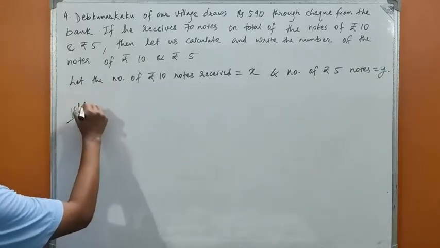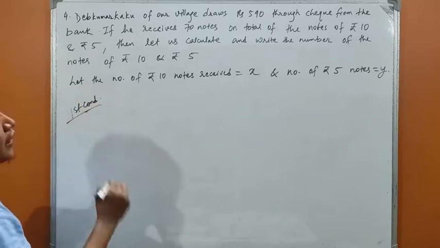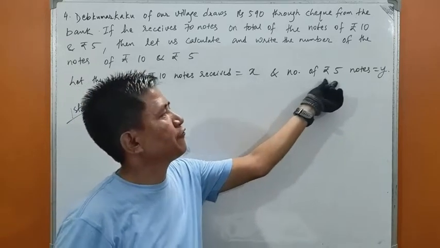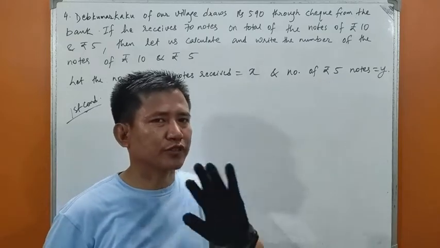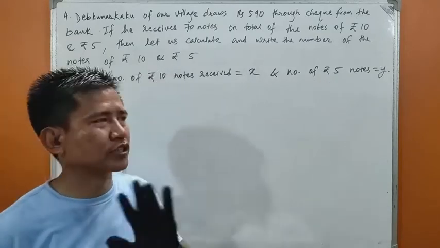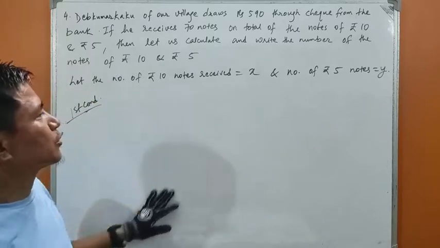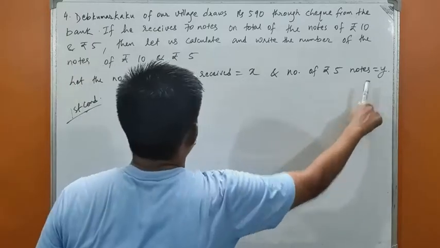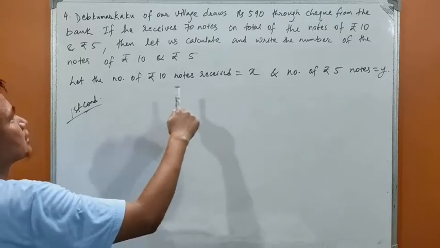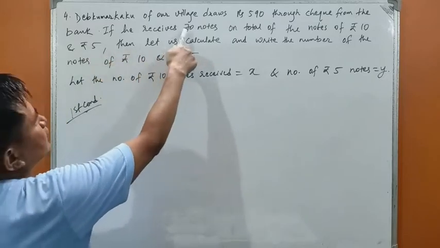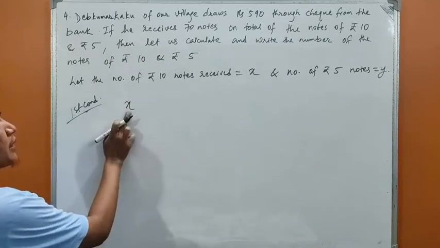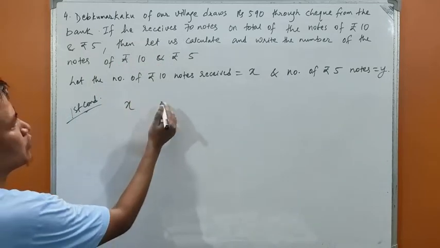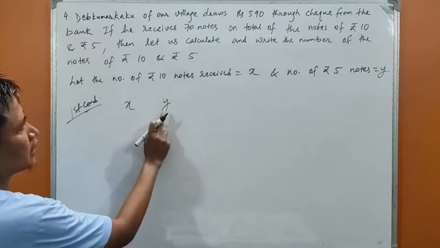First condition: he received x number of 10 rupee notes and y number of 5 rupee notes, only in the denominations of 10 and 5. The total number of notes he received is 70, isn't it? So the number of 10 rupee notes is x and the number of 5 rupee notes is y.